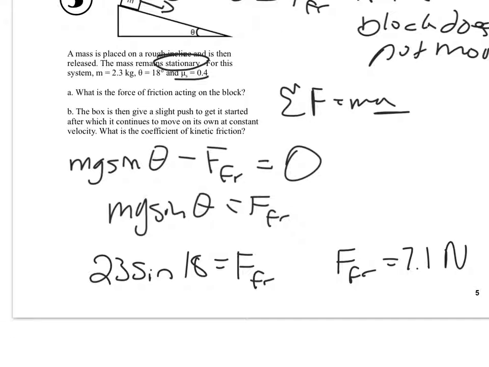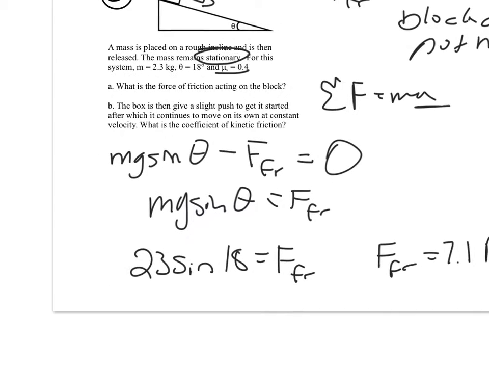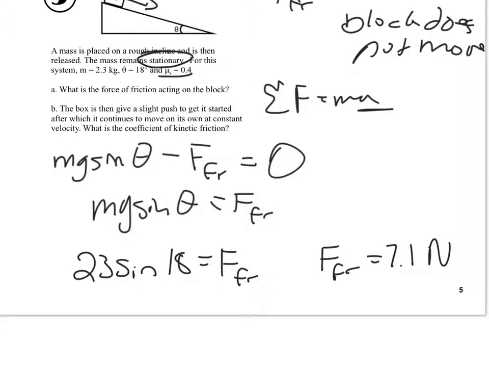It would have been, let's see, 23 cosine of 18 to get my normal force, times that mu sub s, and it comes out to 8.75 as the maximum force of friction. But I don't have to use all of that force. My friction is going to be lazy. It's going to do the bare minimum that it can. And it only has to do 7.1 newtons of force to stop my block from moving, and that's what it's interested in doing.